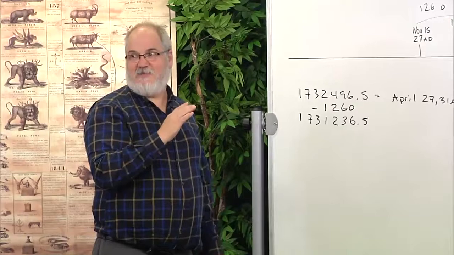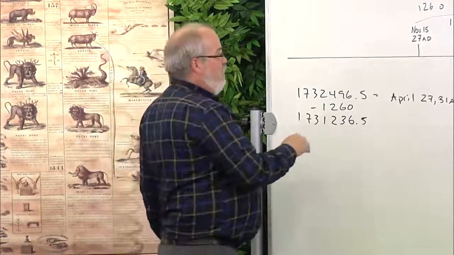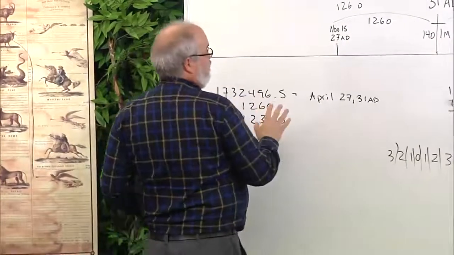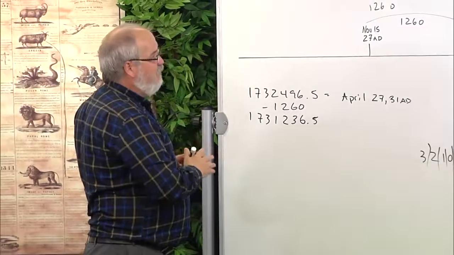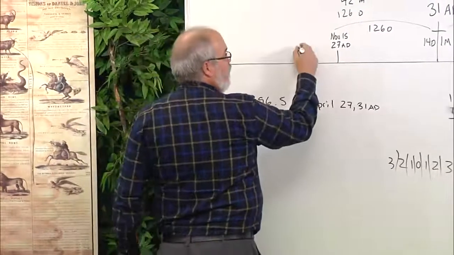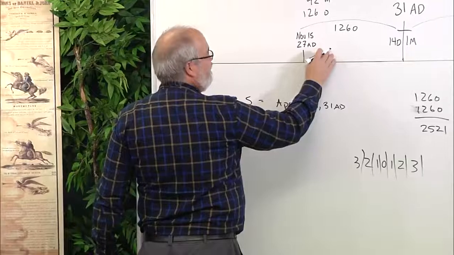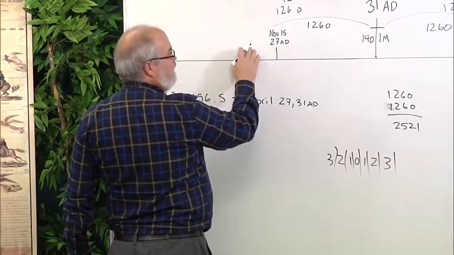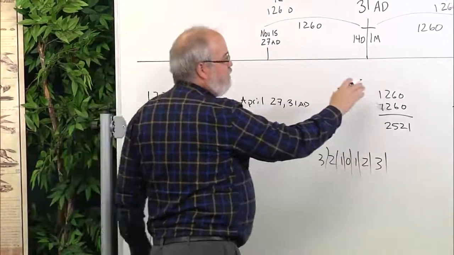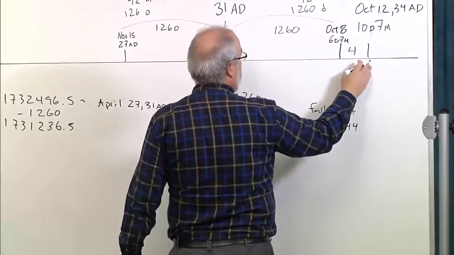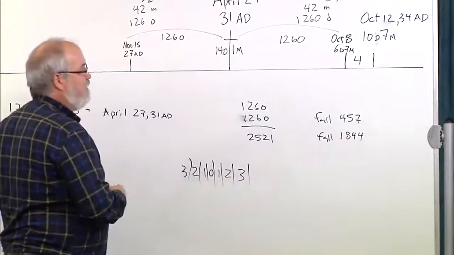Does that make sense to people? So otherwise I'd end up on November 14th. Now, not that it mattered to me which day I ended up on, but we will find that if we go to 27 AD and we want to find the 10th day of the 7th month, so we said that the 7 years should end on the 10th day of the 7th month.